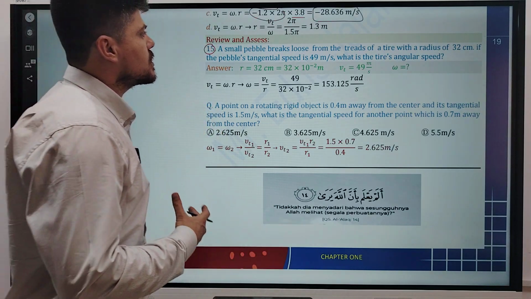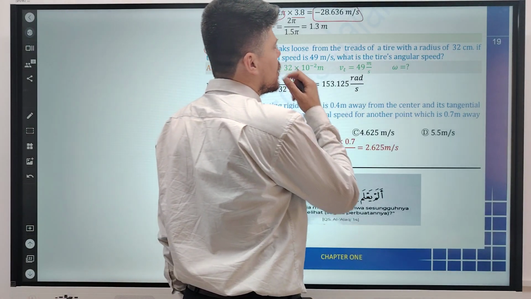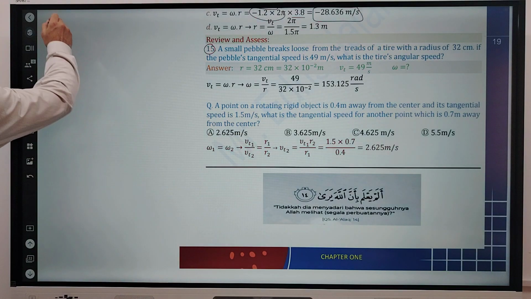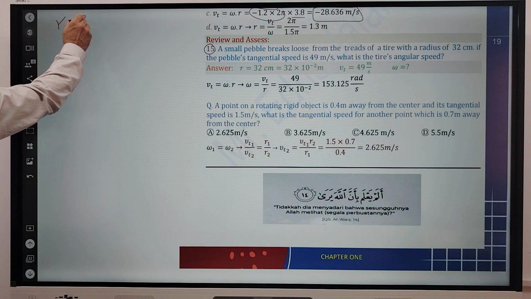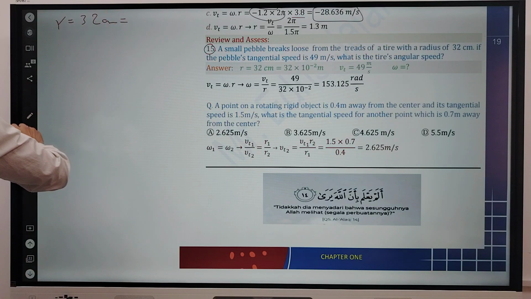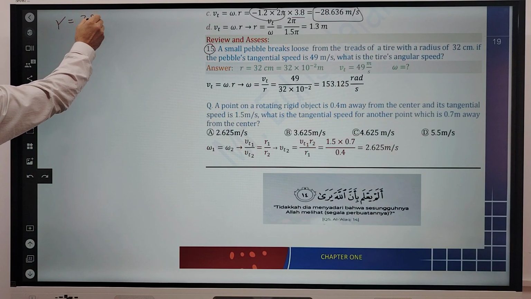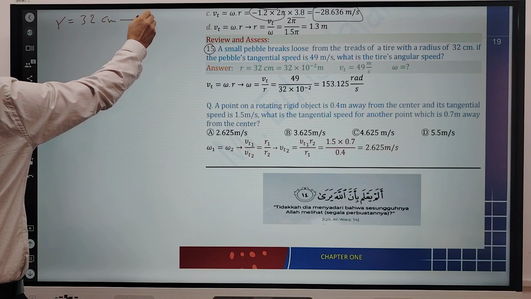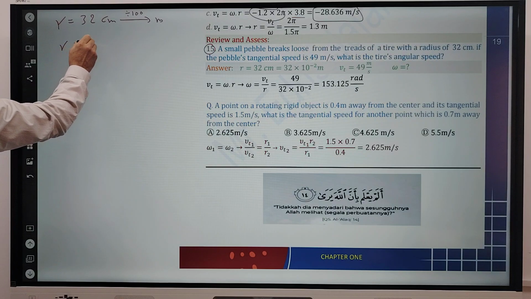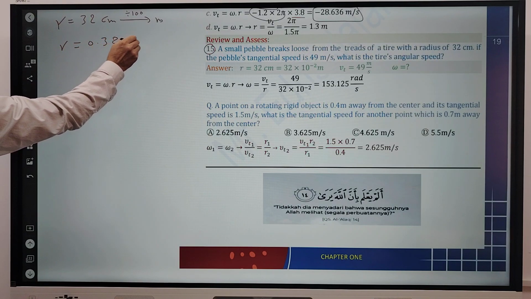A small pebble breaks loose from the treads of a tire with a radius of 32 centimeter. What is the radius? Radius 32 centimeter, you have to convert to meter by dividing by 100, which is equal to 0.32 meter.